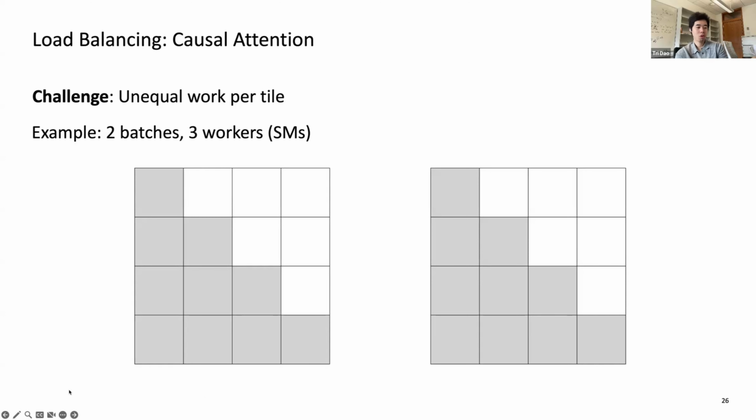So if you schedule as usual, which is first come, first serve, and that's what we've been doing for the last 3 years, let's say you have three workers. Worker one will show up and take care of this work tile, worker two will work on this one, and worker three will work on this one. And as you move through time, every time one worker finishes a work tile, it gets assigned the next work tile. This is the first thing you would think of for how to assign the work.